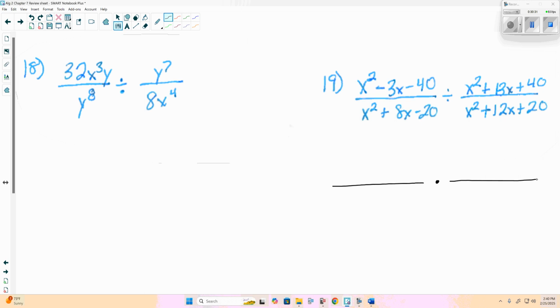We're going to have monomial, binomial, trinomial terms, these multi-terms. Now with division, the first thing we do is we keep the first rational expression the same. We change it from division to multiplication, and we flip the second term.